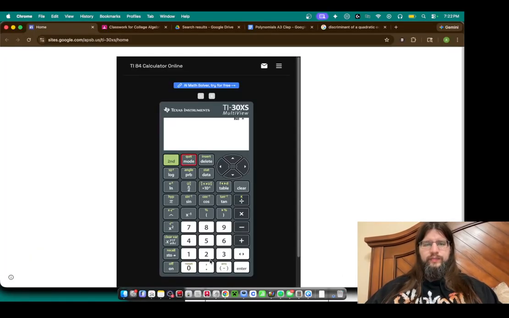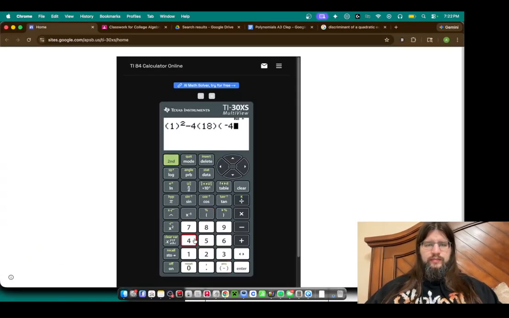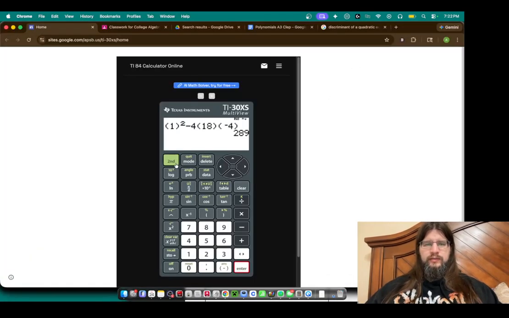1 squared minus 4ac. 289. Hmm. Is that a perfect square?